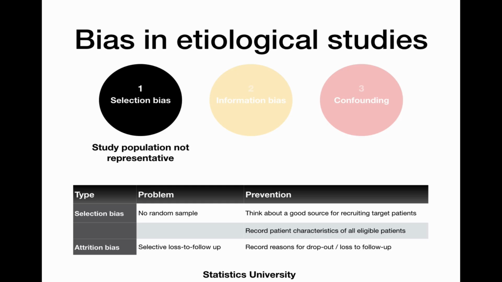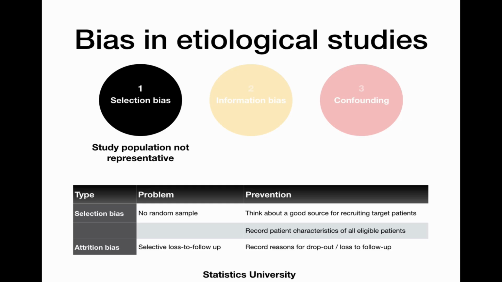And we have already discussed this in the previous lesson, but in general, in selection bias, the sample doesn't seem to be random. So we need to think about a good source for recruiting our target patients and record all patient characteristics of all eligible patients.